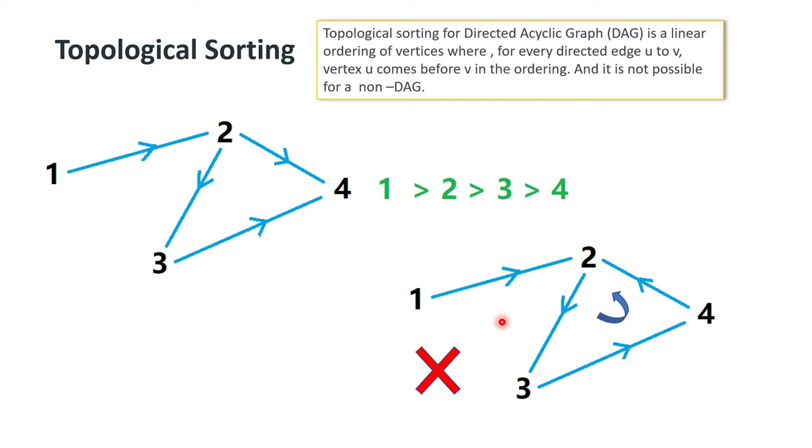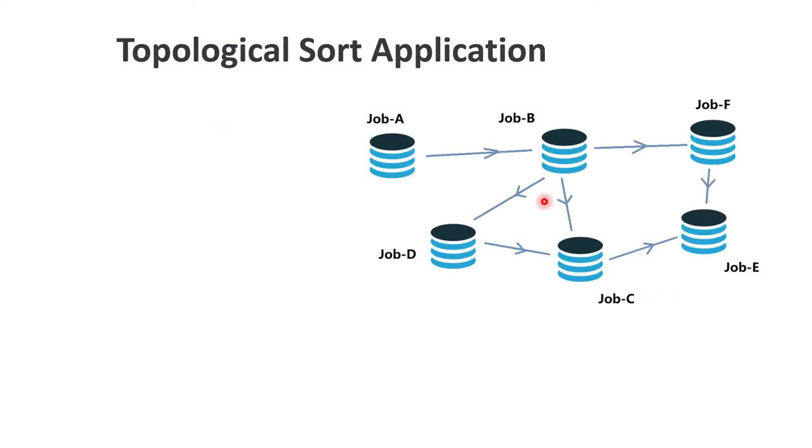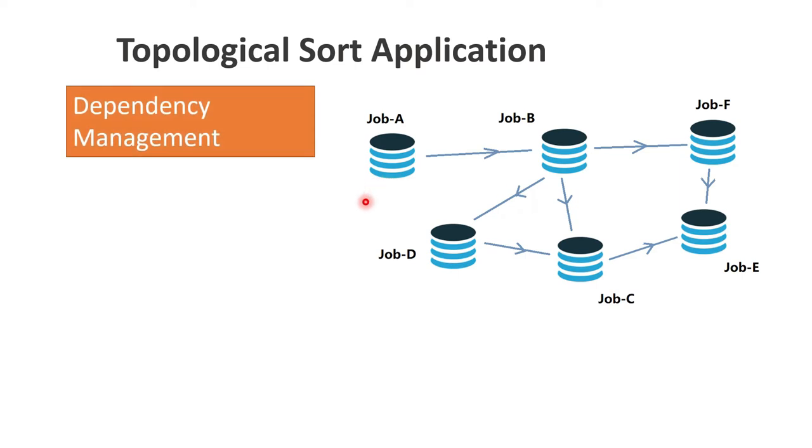Now we will check a few applications where topological sorting is used. Topological sort has many applications. It is used in dependency management. Suppose we have all used Maven in our Java projects.